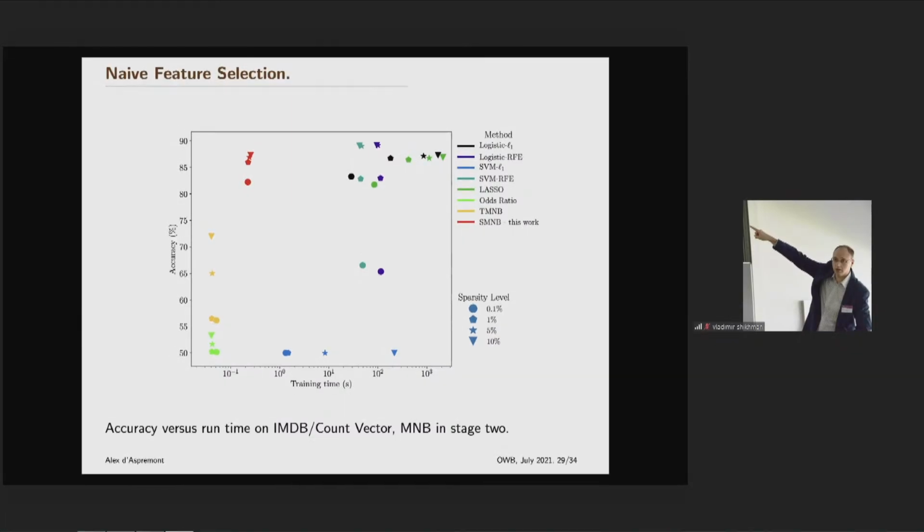And we try to compare the trade-off between training time and statistical performance for many of these feature selection techniques. And the idea here is that we do it in 2 stages. In the first stage, we use various feature selection techniques to isolate important variables. And then in the second stage, we use the selected variables to solve these classification problems.